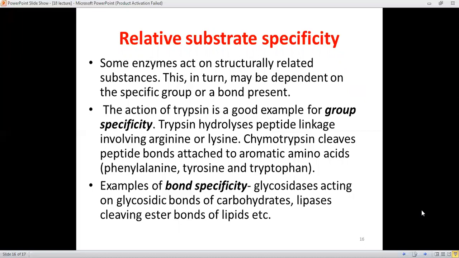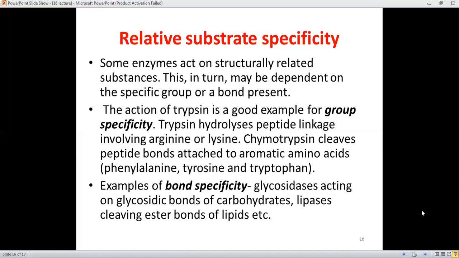Trypsin hydrolyzes peptide linkages involving arginine or lysine, and chymotrypsin cleaves peptide bonds attached to aromatic amino acids like phenylalanine, tyrosine, and tryptophan.